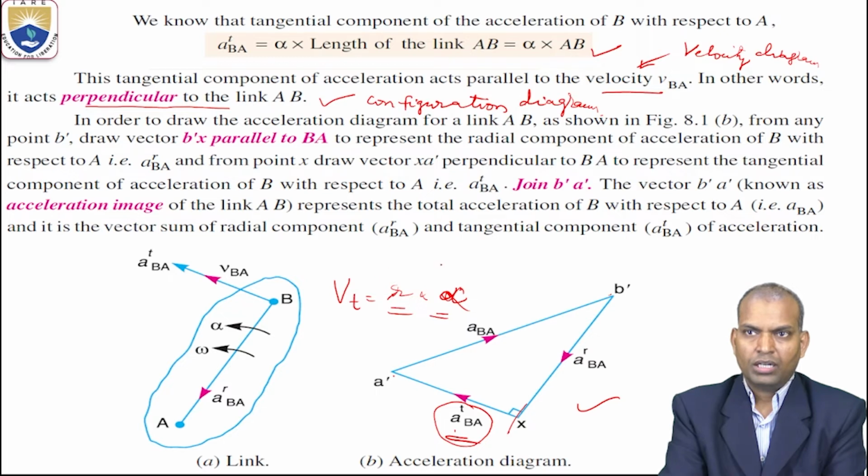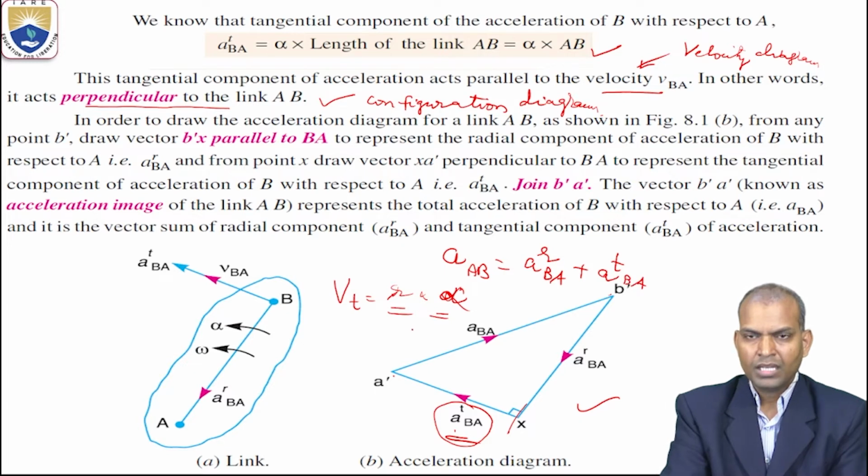So, the acceleration of the link AB equals ARBA plus ATBA. This is called the total acceleration.